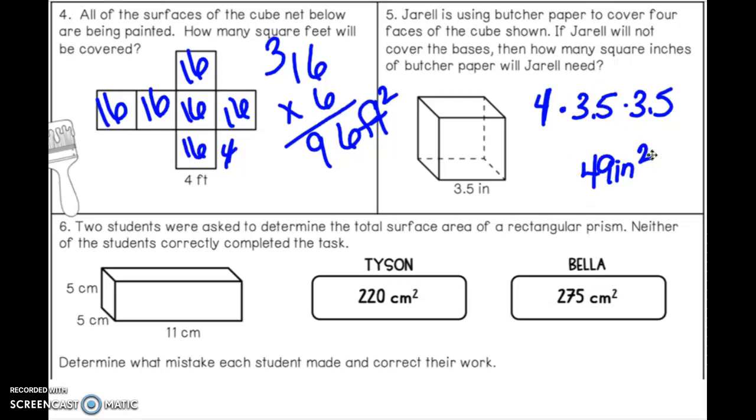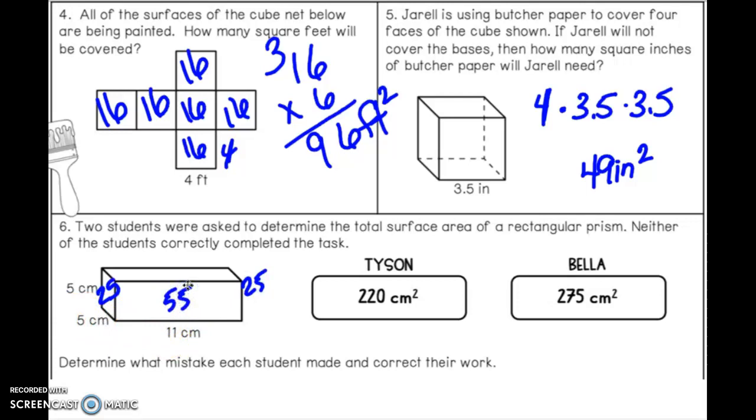All right, in the last one, 2 students were asked to determine the total surface area of a rectangular prism. Neither of the students correctly completed the task. Determine what mistake each student made. So we know this end is 25, right? And this end is 25. And each side here is 55 inches.